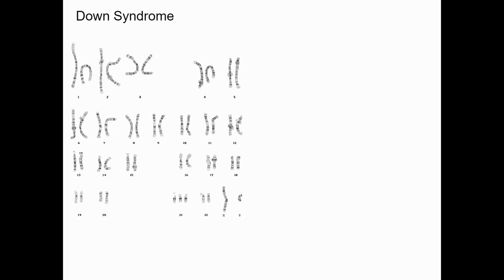It's the 21st chromosome. If you look at this karyotype, and we look at these pairs of chromosomes, they look normal, and we have one of each, but when we get to 21, look at this. There are 3 of these 21st chromosomes.